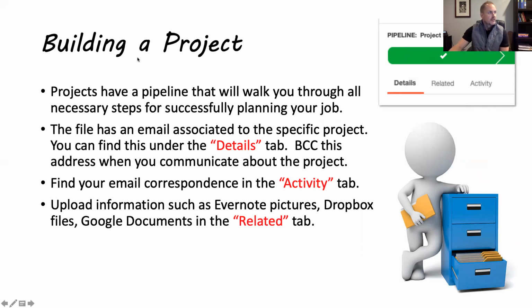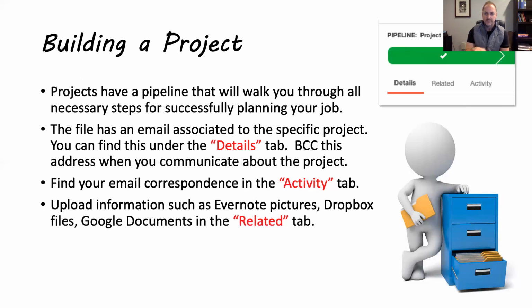So I've noted projects have a pipeline that'll walk you through it specifically through that project. The file has an email associated to the specific project. You can find it under the Details tab. Blind copy that address to capture all of your communication: estimate, work order, any email back and forth that you have with the customer.